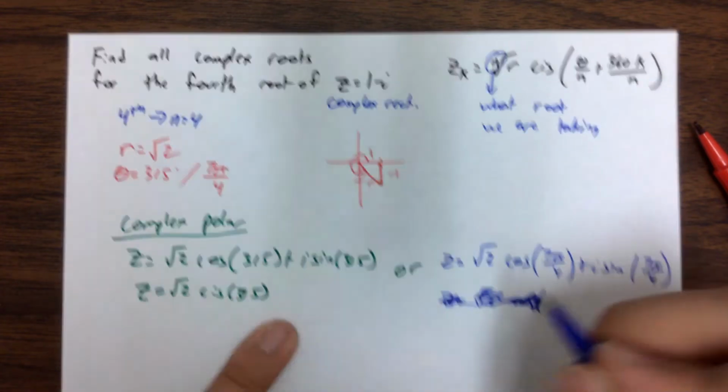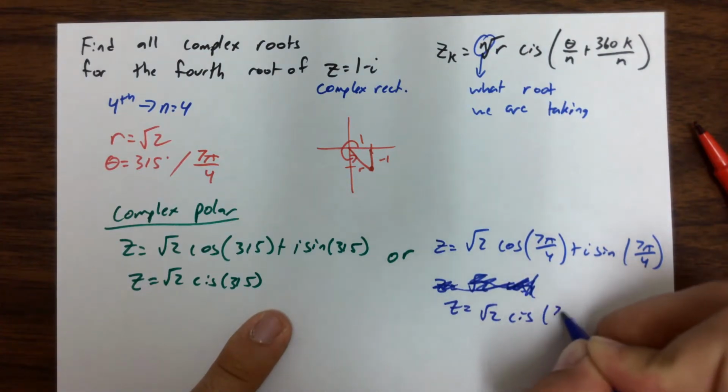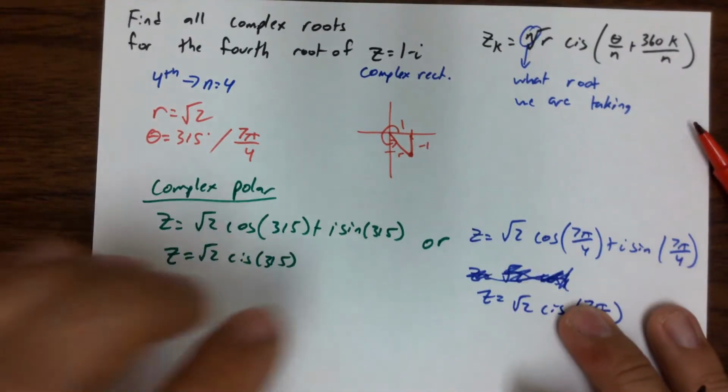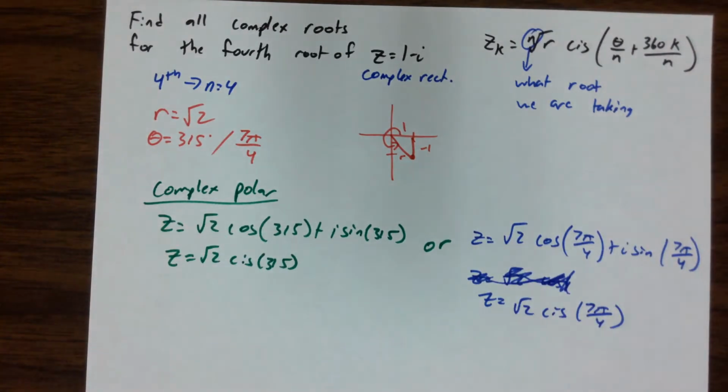You could also write it in cis form: root 2 cis 7 pi over 4. So either one, these are complex polar. Again, this is in degrees, this is in radians. Depending on the situation, one might be easier than the other.